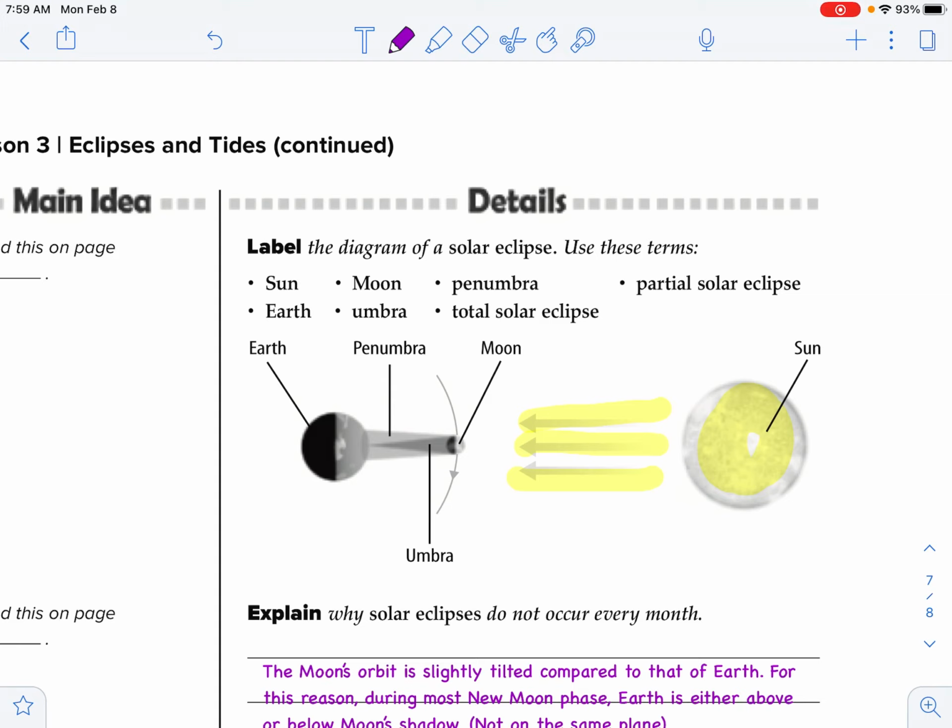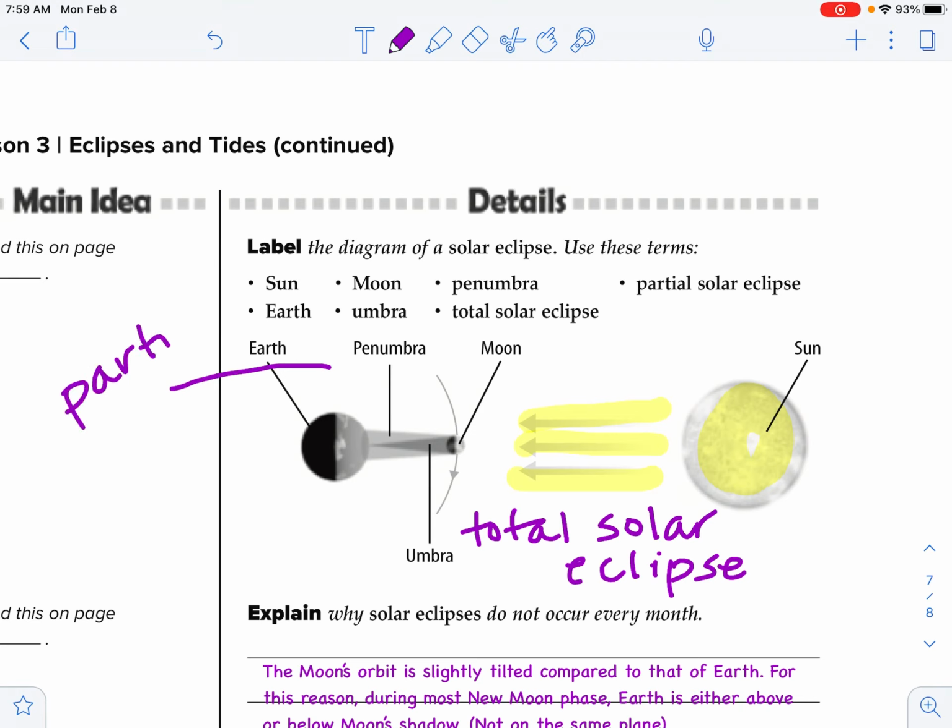What we are able to label that's not already labeled for us: with the umbra, this would be our total solar eclipse. And within the penumbra, that is going to be our partial solar eclipse.